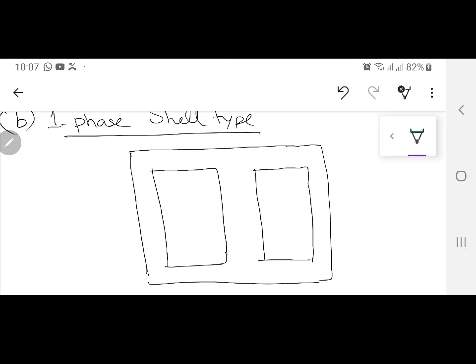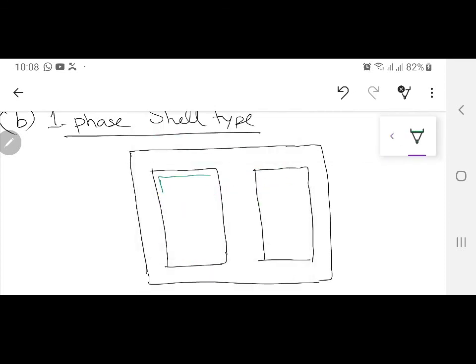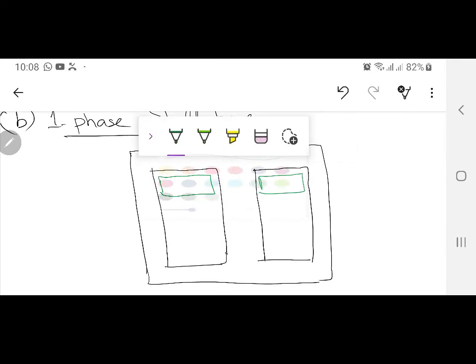Then you require the high voltage winding to be away from the central limb. But if the transformer is such that the difference between low voltage and high voltage is not that much, then what you can do over here is have packets of winding sandwiched in between each other.